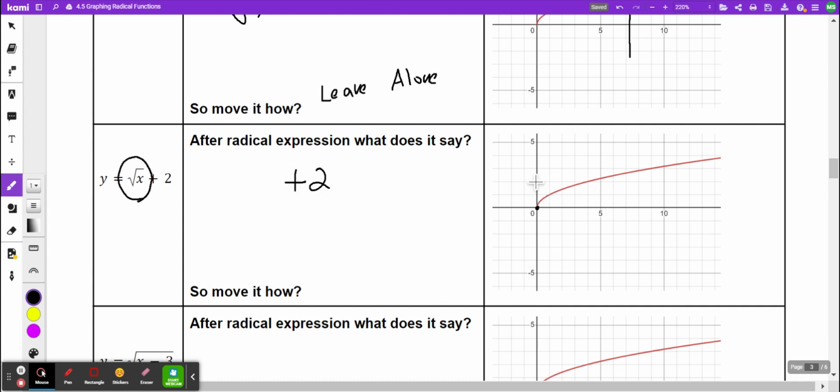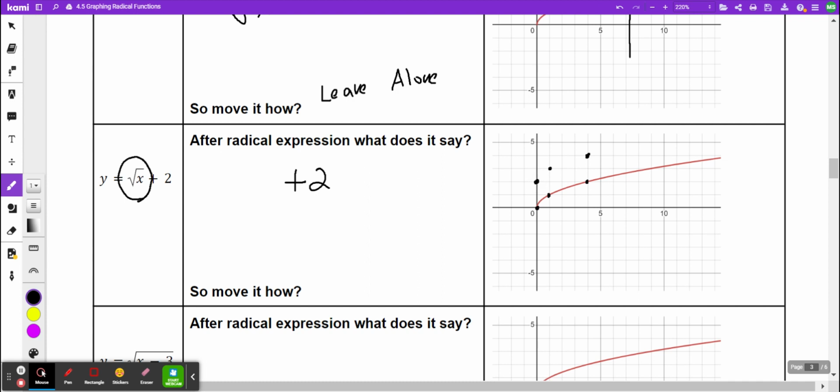Well, then I'm going to go up 2. If I have $1 at 1, and then all of a sudden it's like, hey, plus 2, well, then I'm going to go 1, 2, and add 2. If I'm at 4, comma 2, and I figured out the square root of 4 is 2, but then all of a sudden it says, hey, add 2, then I'm going to move up 1, 2.